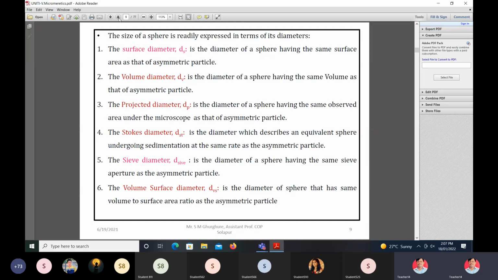What are those equivalent diameters? First one is the surface diameter. Second one is the volume diameter. Third one is the projected diameter. Fourth one is the Stokes diameter. Fifth one is the sieve diameter. And sixth one is the surface volume diameter.